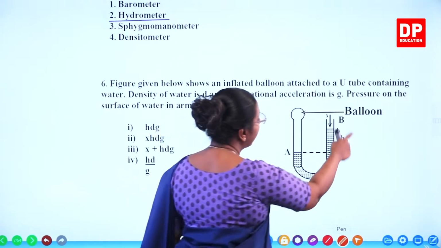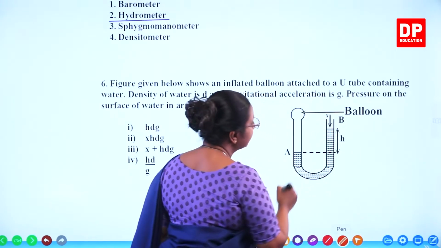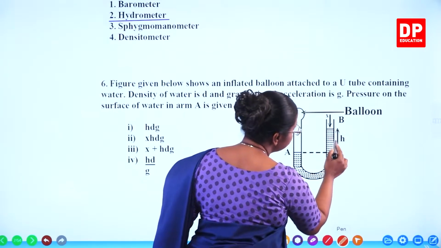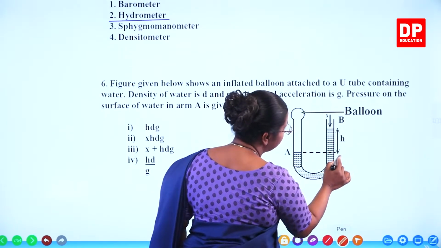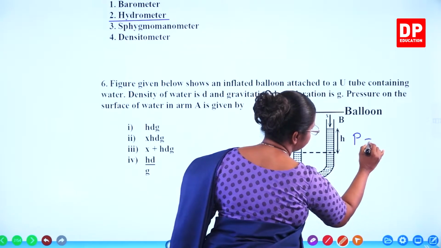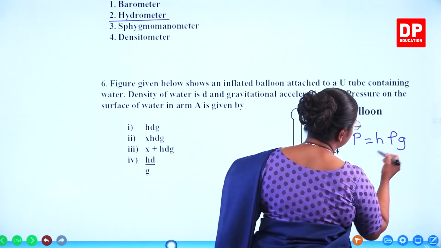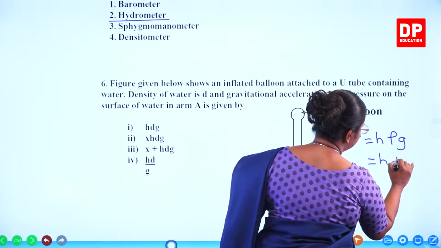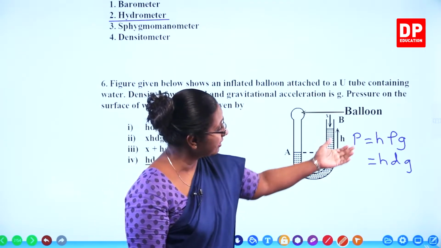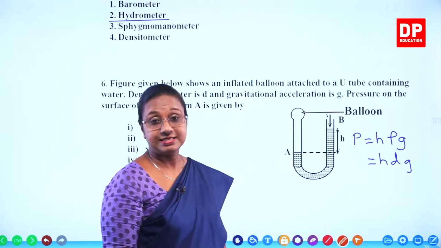But if you take arm B, at this surface, what is labeled as X is the atmospheric pressure. And thereafter you can see there is a water column, height is H. So that water column also exerts a pressure that you know is equal to H rho G or HdG. It can be even taken as H rho G or HdG depending on the letters or symbols that we use for density.